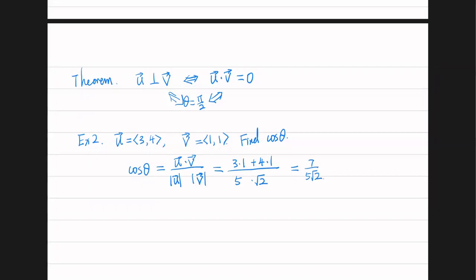Okay, now let me check with you. The cosine is a positive number. Is this a right angle? Yeah.